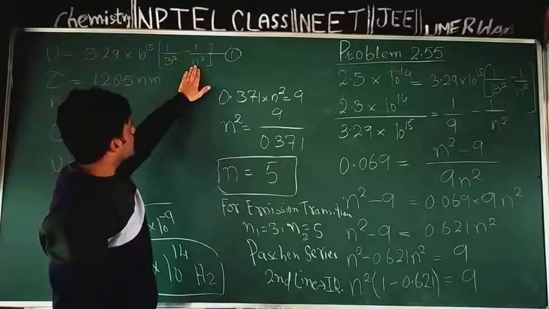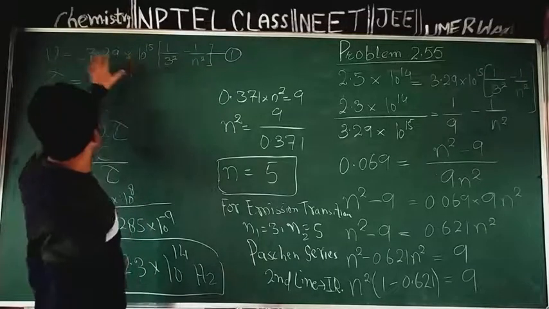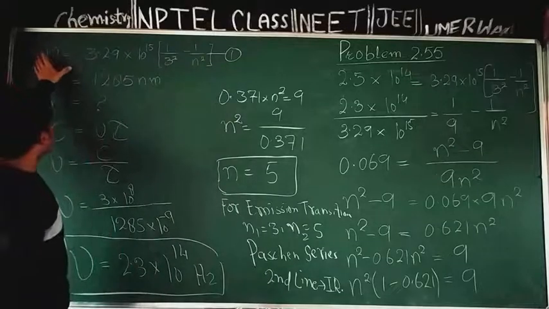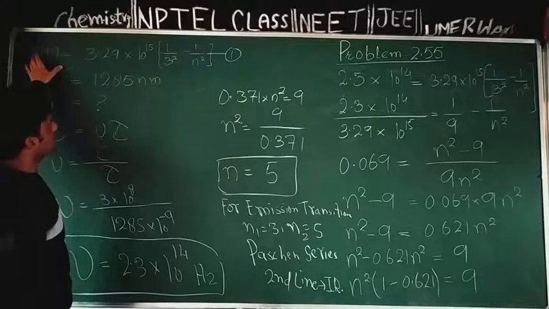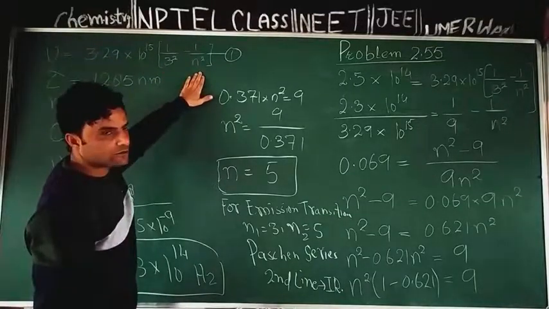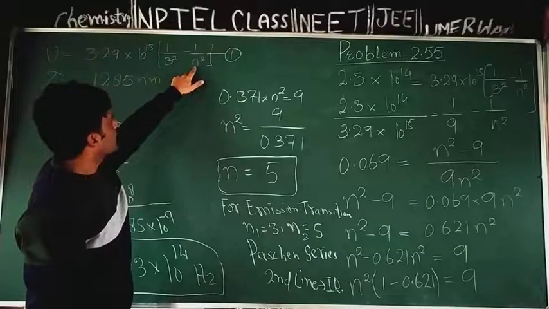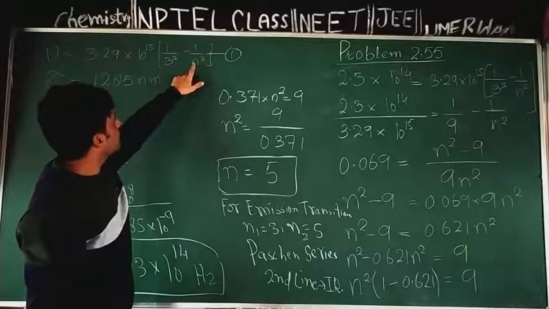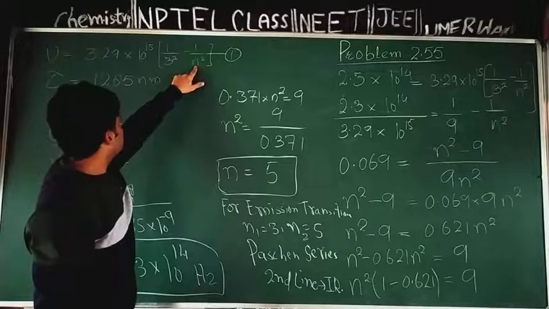This transition is represented by this equation, which gives frequency of transition in hertz equal to 3.29 into 10 to the power 15 (1 by 3 square minus 1 by n square). Now we have to find the value of higher energy orbit n, from which electron transition occurs.